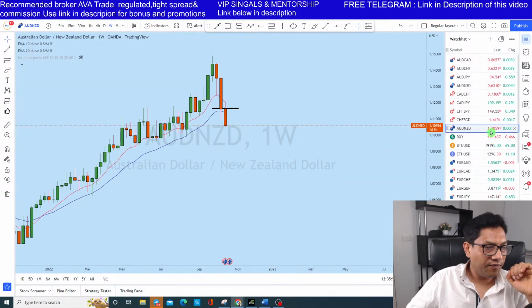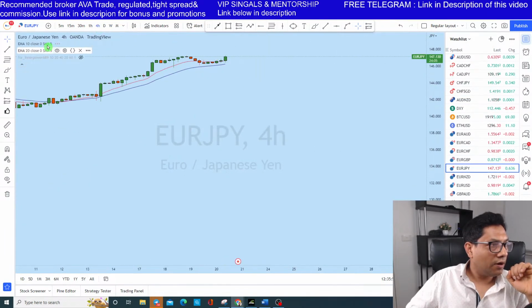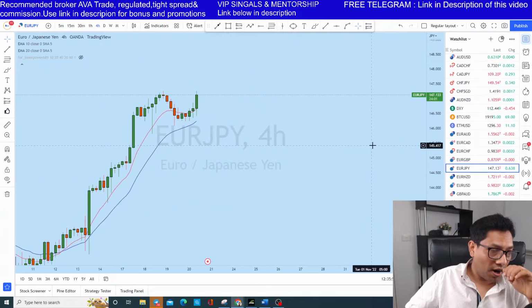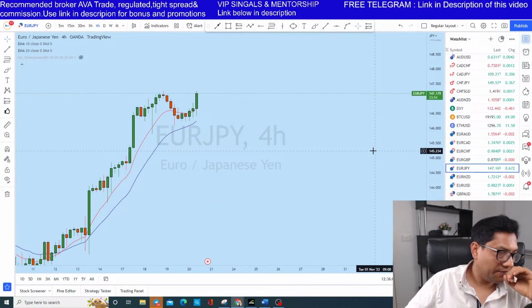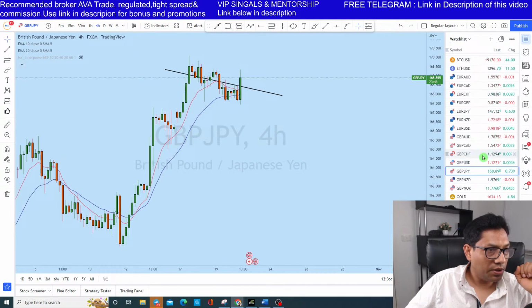We could find a good trading opportunity. So let's find out. GJ, I think JPY is getting weaker again. All the pairs against yen are getting stronger again, including GBP JPY and Euro JPY.